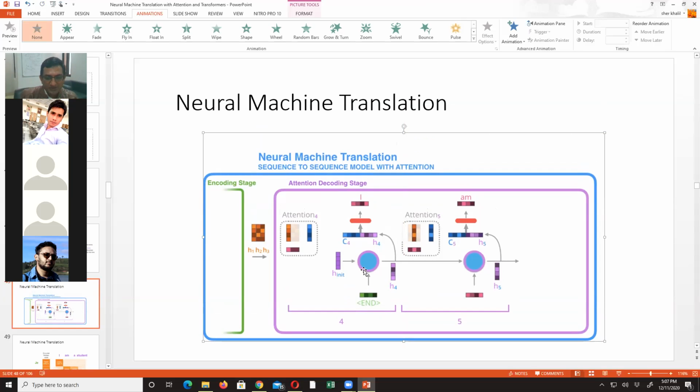The weights which are here as well as the weights which are in the encoder. So you will update the weights until you produce I. You will again be doing back propagation so that you give the model the understanding that it should produce I when it sees this context vector and this word at the input, which is initially the end token, right?